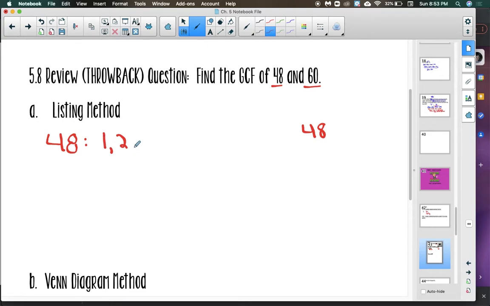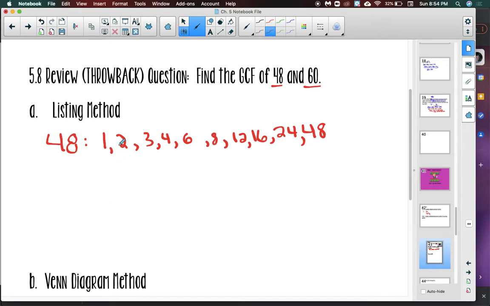So the next factor would be 2 and 24, because 2 times 24 is 48, and then 3 times 16 is 48. 4 times 12 is 48. 5 is not a factor, but we do have 6 and 8. Once we get to the middle, 6 and 8, the only number between them is 7, and 7 is not a factor, so we know we are finished.